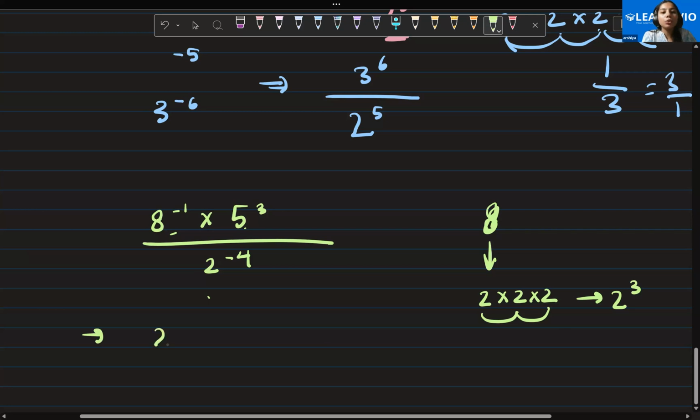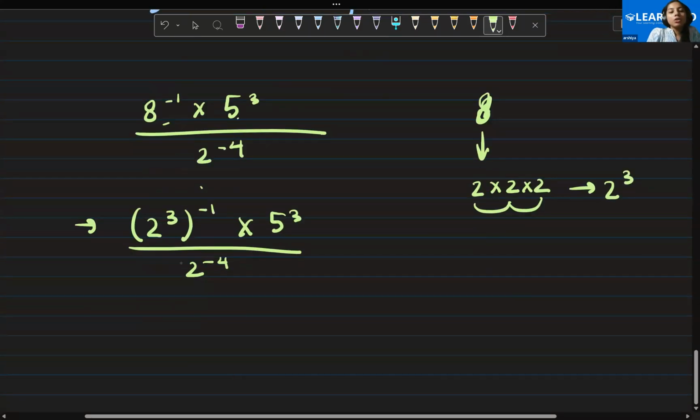So 2 raised to the power of 3, but remember we also have the power of -1. So it's going to be -1 also. Times 5 raised to the power of 3 upon 2 raised to the power of -4. Now if I solve this, it's going to be 3 into -1, which is -3.